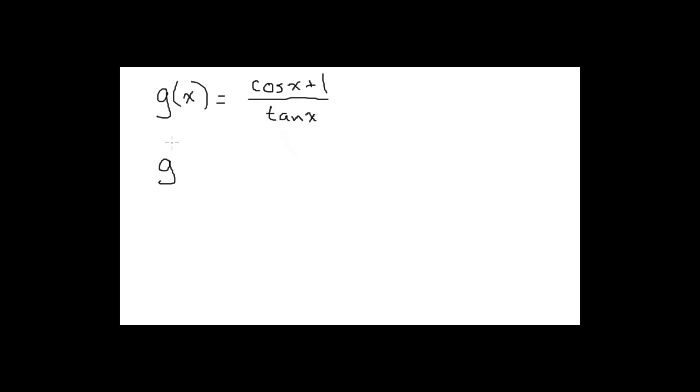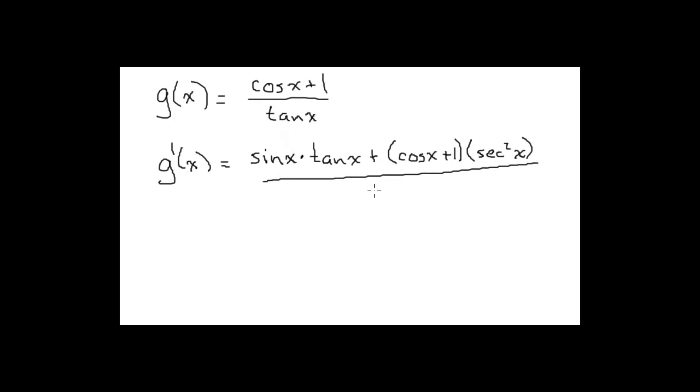So g prime of x equals the derivative of the top, which is sine x, times leave the bottom, which is tan x, plus leave the top, cos x plus 1, times the derivative of the bottom, which is sec squared of x, all over tan squared x. Okay, so that's the derivative.